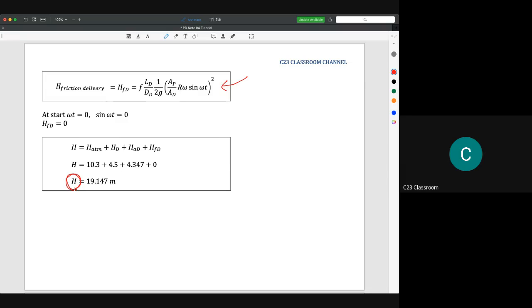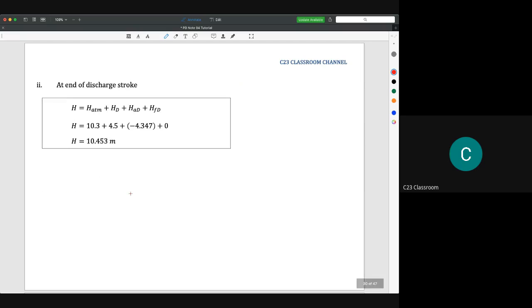19.147 meters. You can find that this value is actually high enough to push water to its desired height. At the end of the discharge stroke here, I make it a little bit faster. We have 10.3, 4.5 for the delivery head, then a minus for acceleration and zero friction.